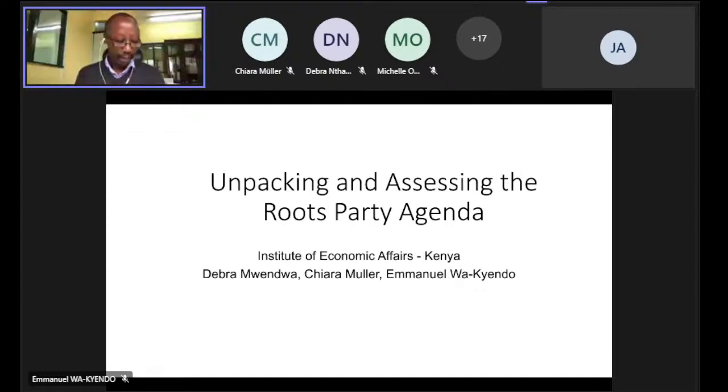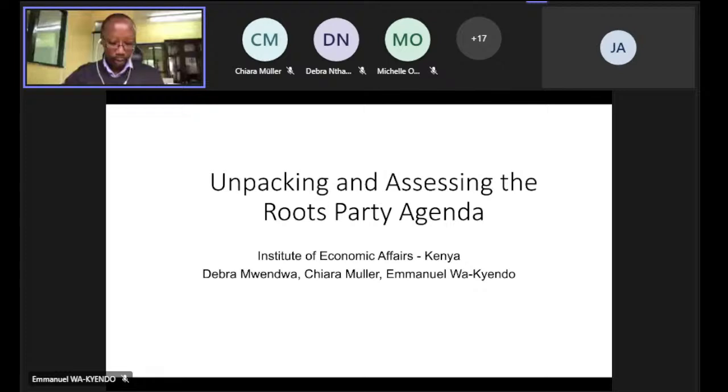So for instance, the Azimio la Umoja One Kenya Alliance Manifesto was fashioned in terms of what they are calling the Azimio agendas, a couple of agendas or resolutions around different issues.